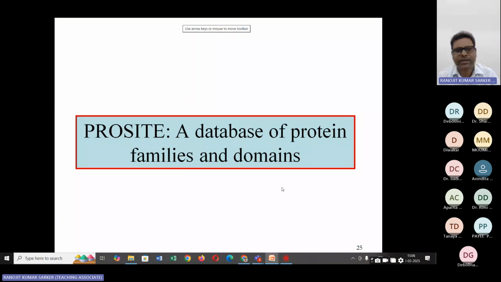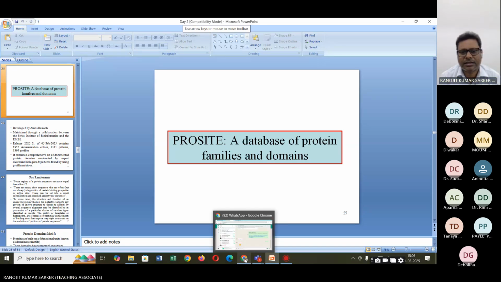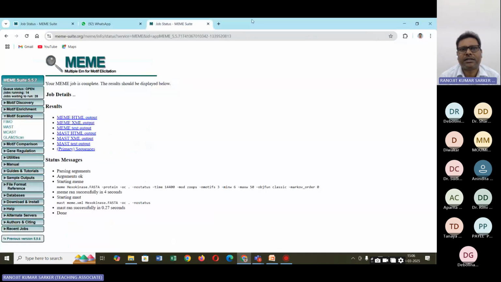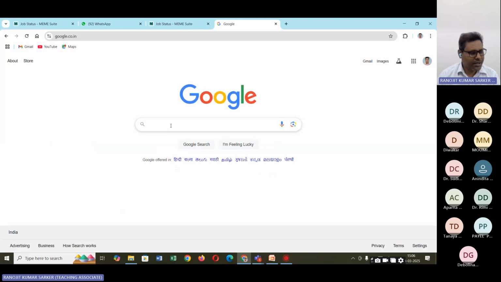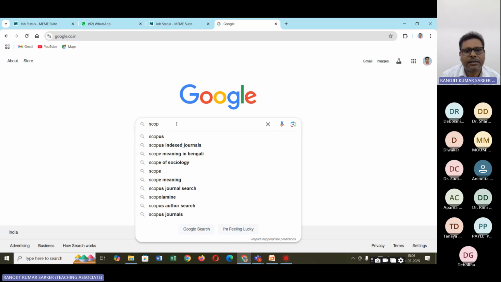Next we will discuss ProSite, but before going to ProSite, we will see the SCOP databases. Okay, so let's go to the SCOP database.